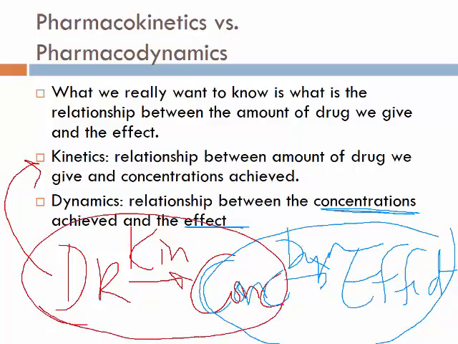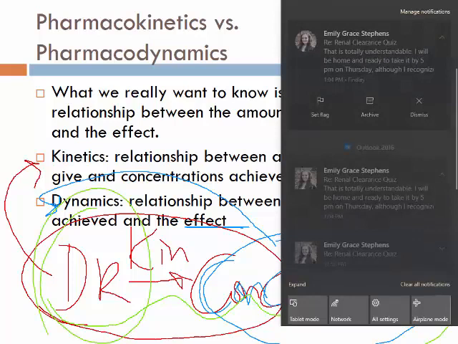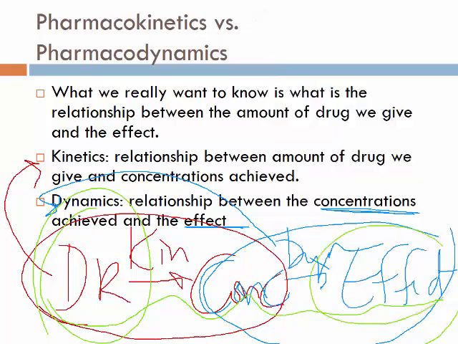What we've been studying so far is when we give certain dosing regimens, what happens to the concentration. What we're going to study now is the dynamics, the relationship between the concentrations that we get and the effect that we get. If we marry these two together, then we can go from a certain dosing regimen to a certain effect, which is our main objective.